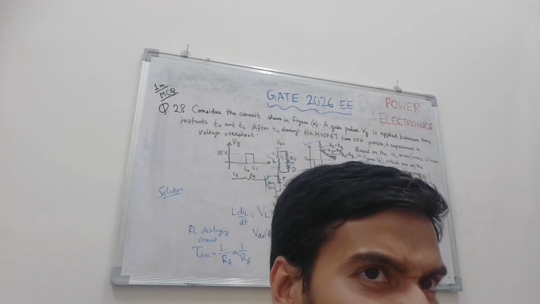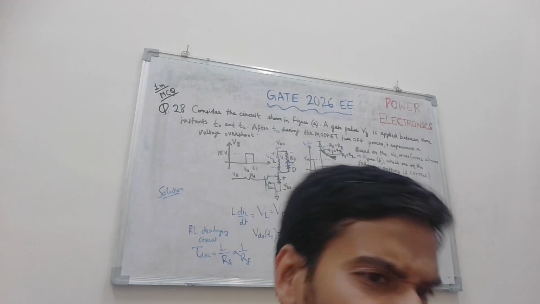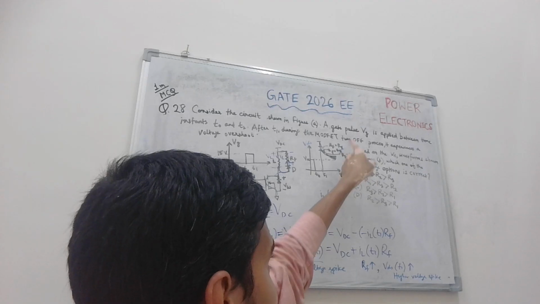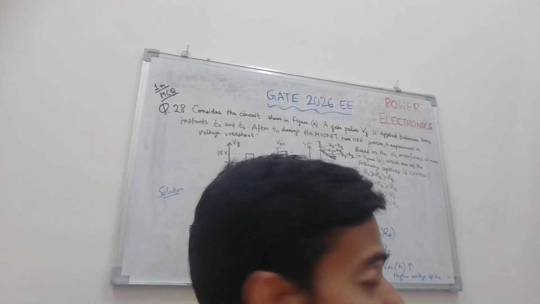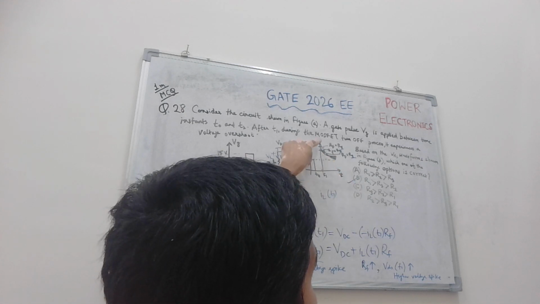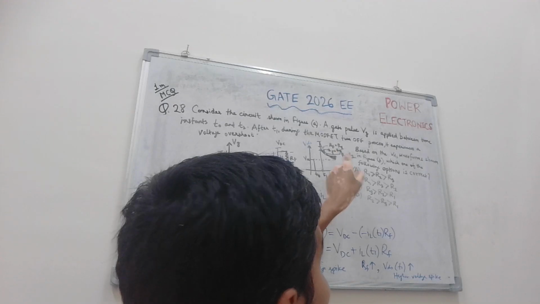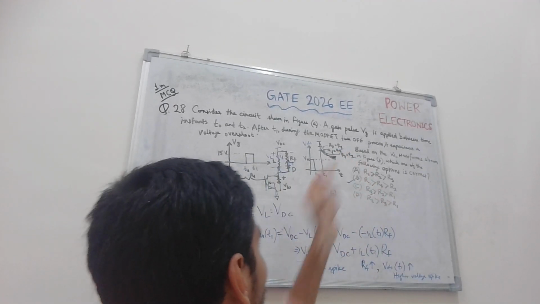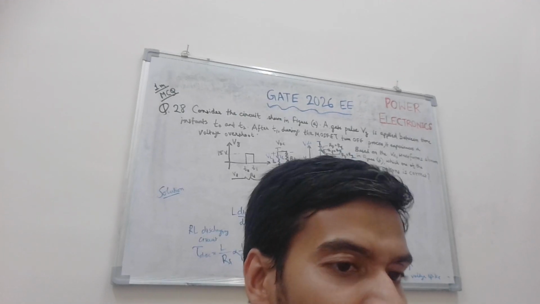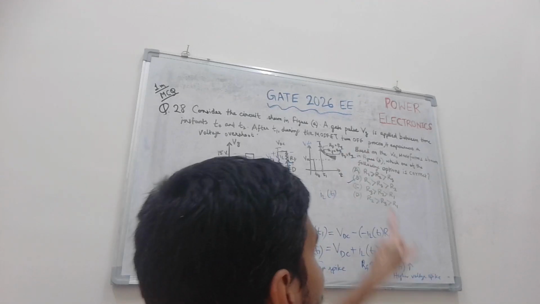Lower time constant means fast discharging. A circuit with a very small time constant will discharge or charge very fast. So for the highest resistance R1, the time constant will be lowest, so the rate of discharging will be fastest. As you can see, this discharges very fast. After that comes R3. R3 is less than R1, so the time constant will be higher, and discharging will be slower compared to R1.